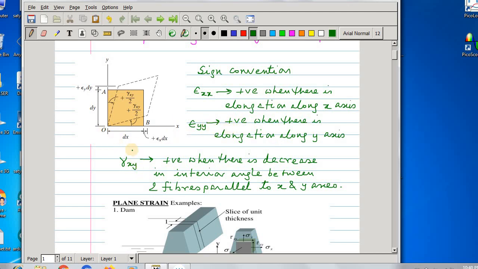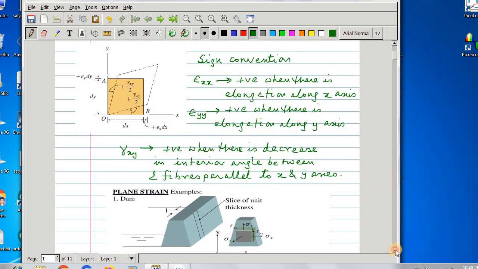Gamma xy is positive if this yellow one is before deformation and this dotted one is after deformation, and the angle between these two fibers, which were initially parallel to the x and y axes, reduces. Then it is positive shear strain.